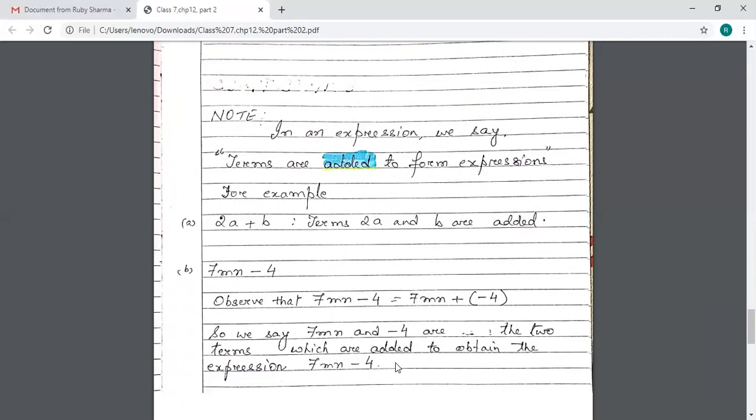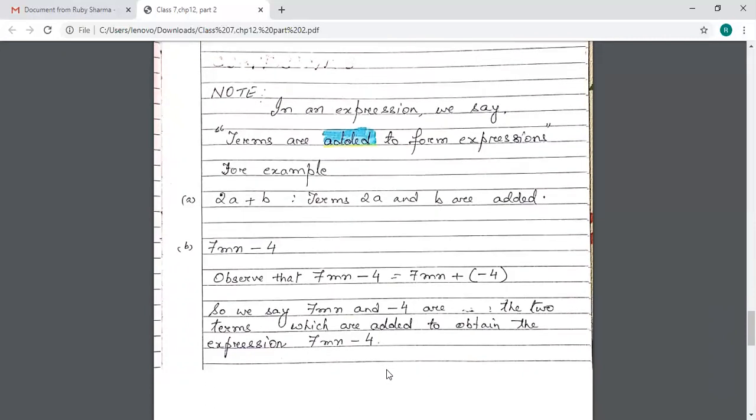When I say an expression has three terms, they are separated by addition or subtraction signs. So I hope you have understood now how expressions are formed, what are the terms, what are the factors of the term. A term is a product of the factors. So I hope it's clear to you.